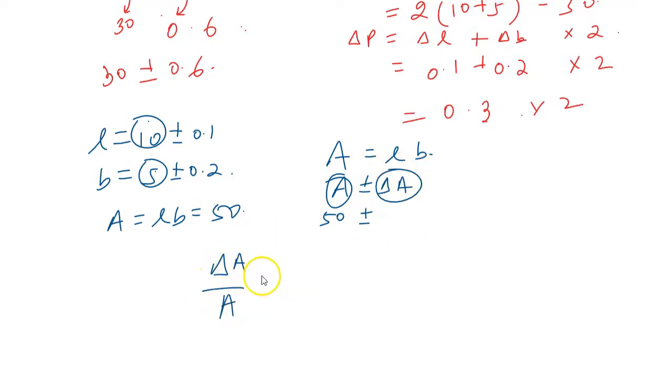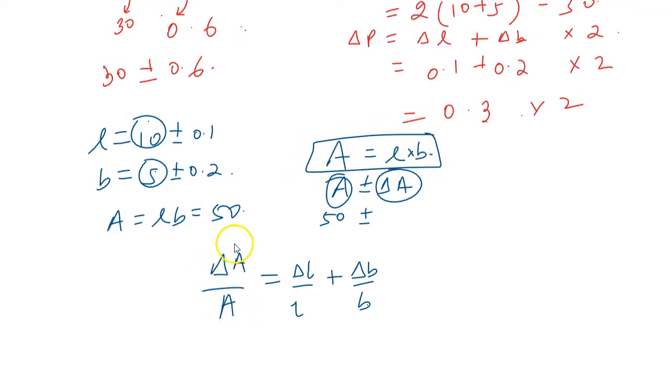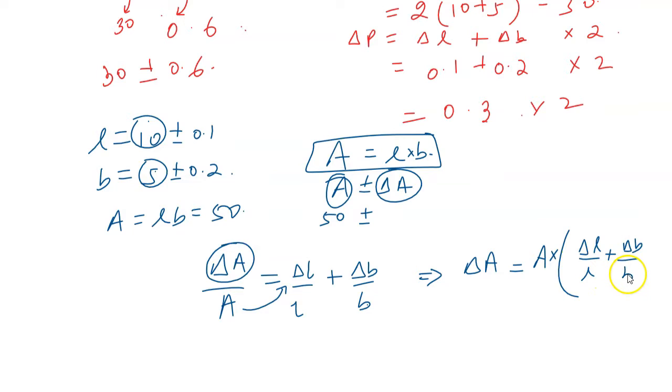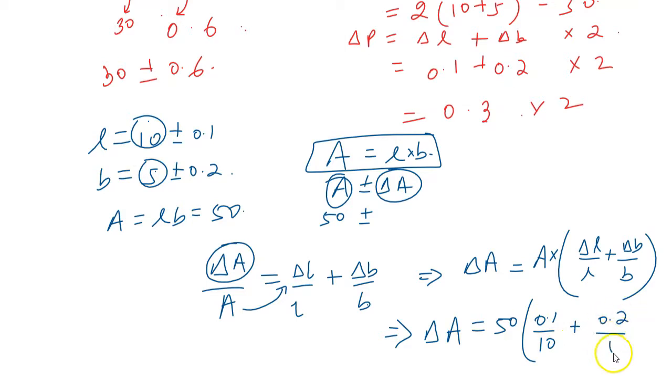So, relative error in A is relative error in L plus relative error in B, right? Because they are multiplied, relative errors will be added up. So, here again we have to find change in area, that means the error in A. So, we have to take this area and multiply here. So, this will give us the error in area. Let us put the value of delta L and L. So, 0.1 by 10 plus 0.2 by 5.